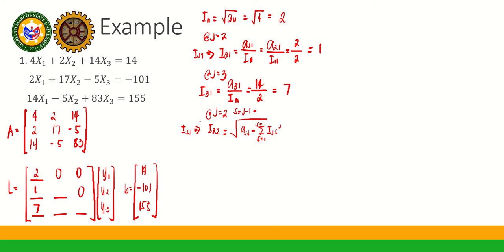So this is equal to 2 minus 1. Therefore, s is equal to 1. So we don't need to use summation since the limit is 1 to 1.